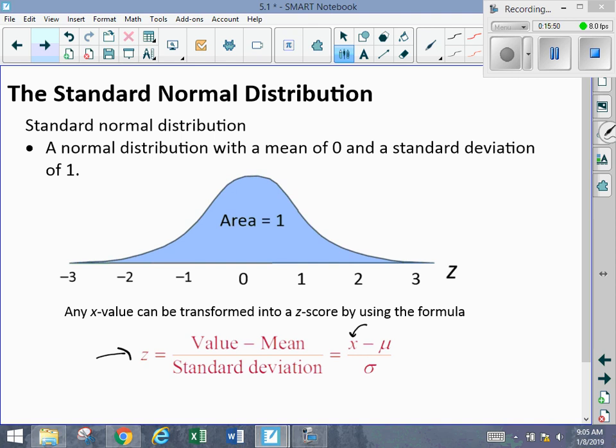That's what z is telling us. How many standard deviations away from the mean, above or below, that value of x is, right? So if I get a z value that's negative, I know that that x value is a certain number of standard deviations below the mean, right? That the x value is below the mean.